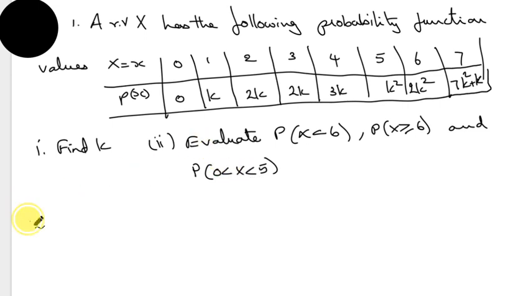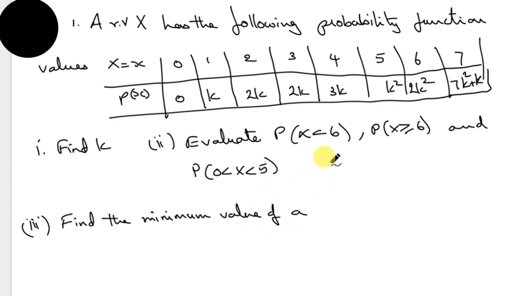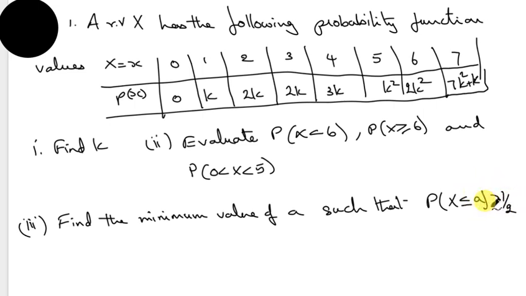Your third subdivision, find the minimum value of a such that probability of x less than or equal to a is greater than half.